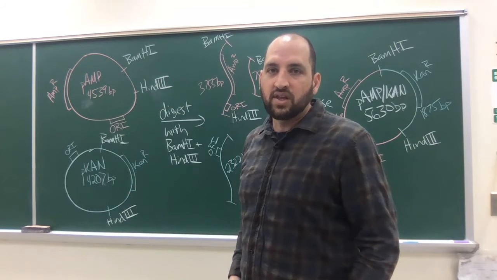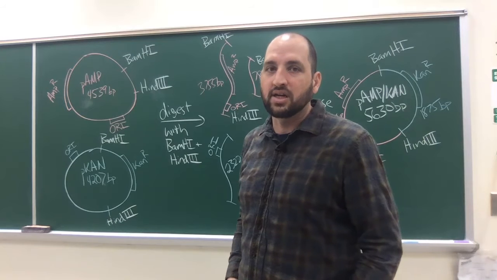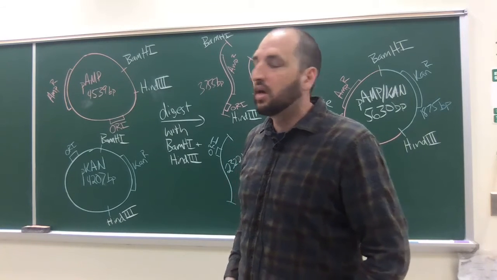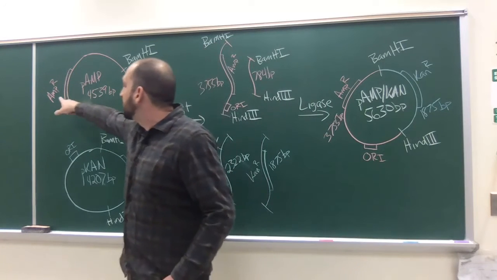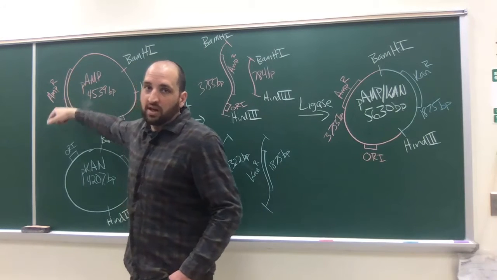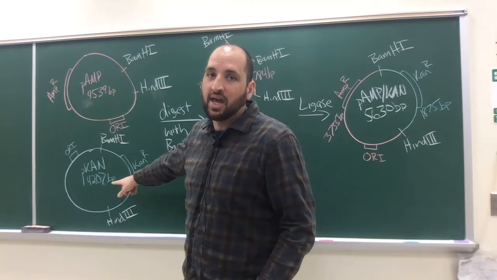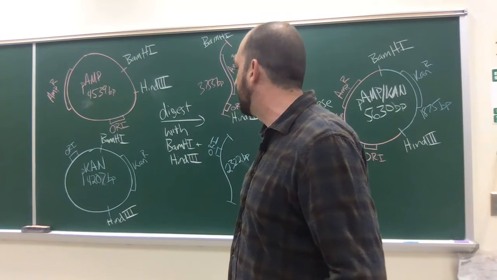Each of these would be expected to provide resistance to a bacterium that carries that plasmid. A bacterium carrying the pAMP plasmid would be protected against the ampicillin antibiotic, and a bacterium that carries the pCAN plasmid would be protected against the kanamycin antibiotic.